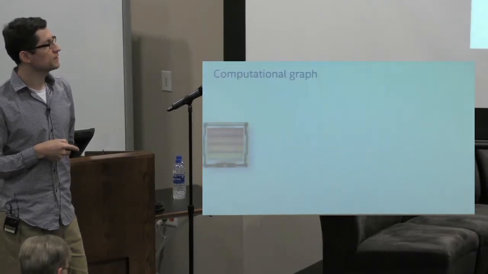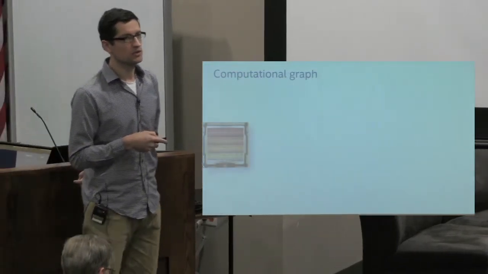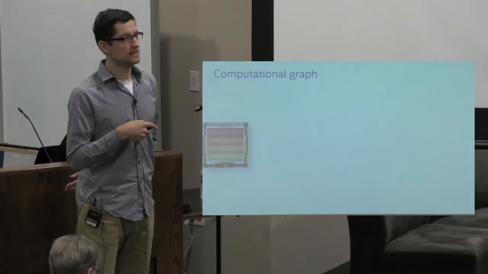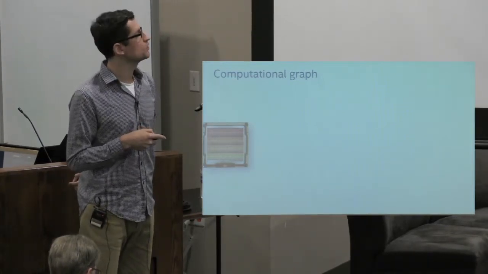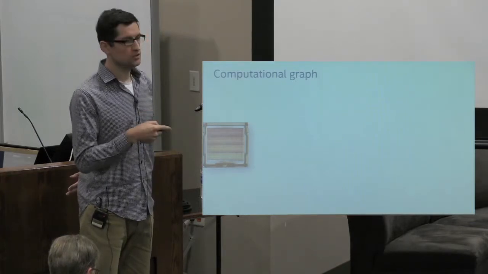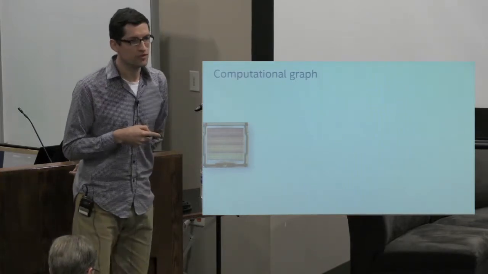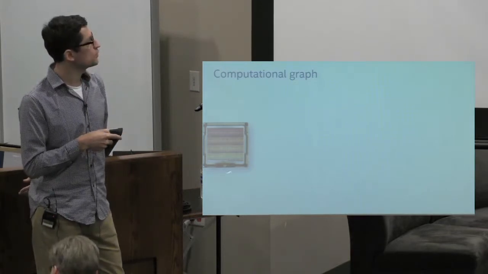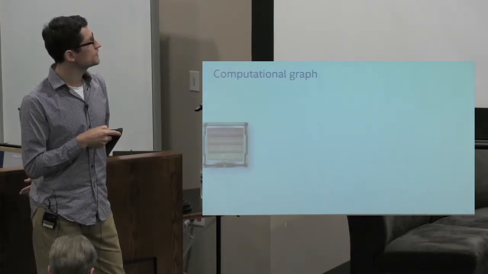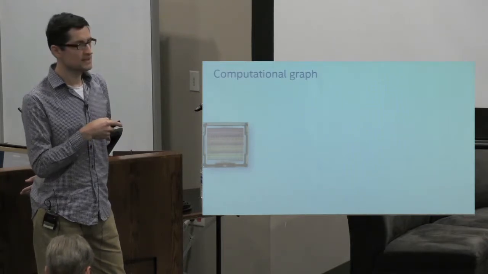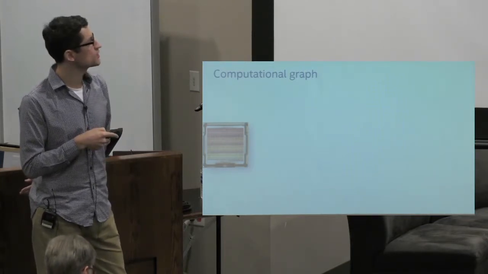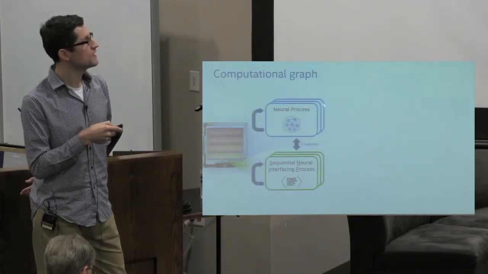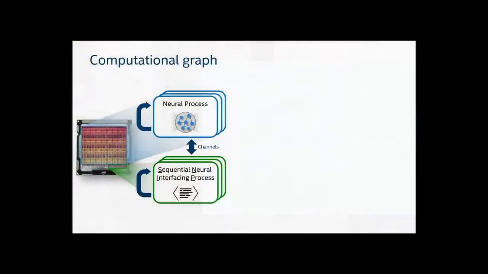In order to better understand later on what these APIs that we're going to provide do under the hood, I'm trying to show you here what the computational graph is that you're programming as a user of the API. So here we have our Loihi system, and we use this as a representative of our entire hardware stack. We have these two types of processes running on here. We have these neural processes, which are the spiking neural networks.